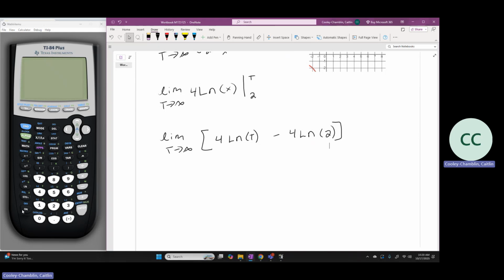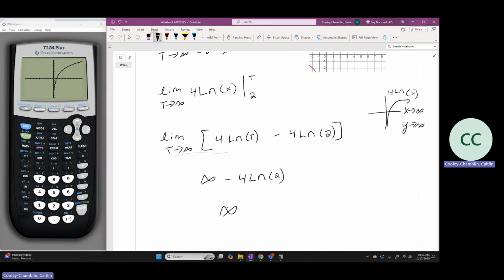If you remember the graph, 4 ln t. So when we take this limit to infinity of 4 ln of t, what we get is infinity minus 4 ln of 2, which is just infinity.